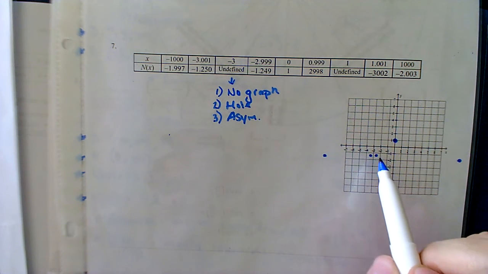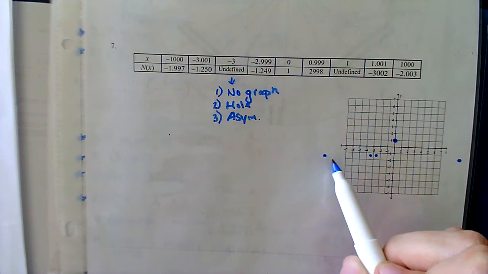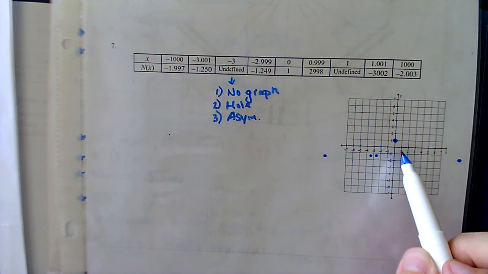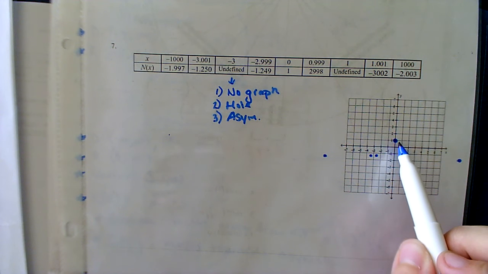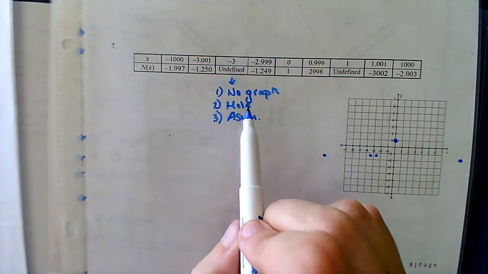So at -3, does it seem like there's no graph there whatsoever? I don't know about that, because clearly we have graph on the left and clearly we have graph on the right, okay? At 1, I don't think it's no graph either, because clearly we have some graph on the left and some graph on the right. Okay, so we can probably rule out no graph.